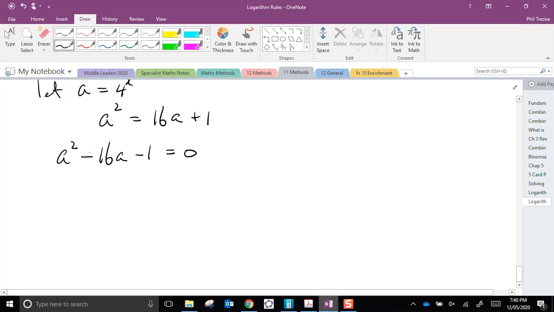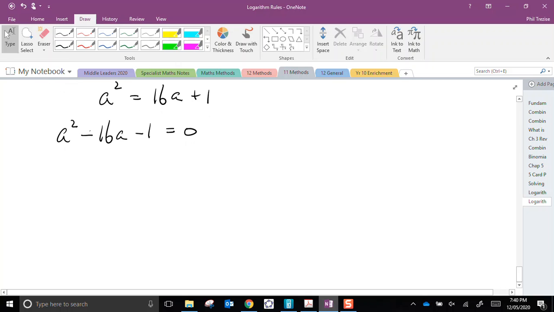Now, after a little bit of thought, I don't think we'll waste too much time here. We're not going to find numbers that multiply to give -1 and add to give this. So we'll go straight for the quadratic formula. So we would have negative of -16 plus or minus the square root.